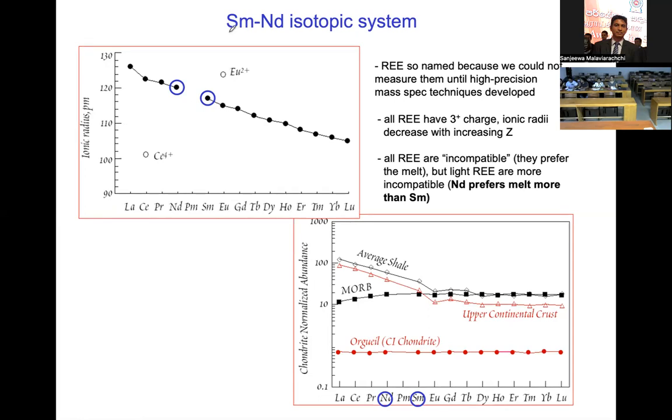In the rubidium strontium system, rubidium is more incompatible than strontium. Remember? So that's why in melts, for example continental crust, which is formed as part of the melt produced after partial melting, contains a lot of rubidium.